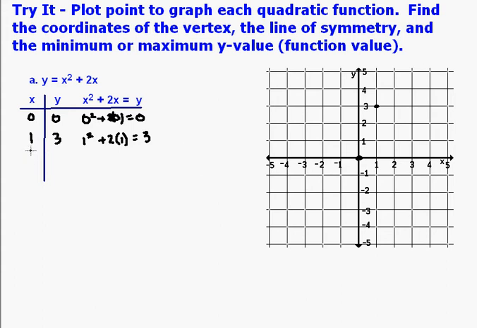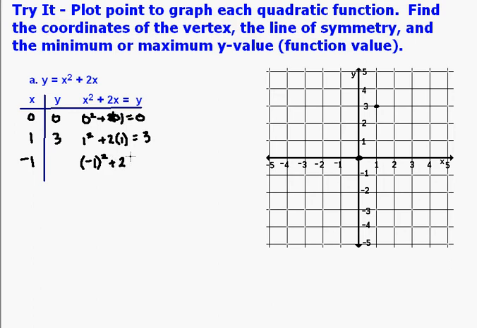Let's do negative 1. Now, an important note: when you have a negative number and you're squaring it, put it inside parentheses. The reason is, if you did this on the calculator without the parentheses, you'd get a wrong answer, because negative 1 times negative 1 is a positive 1.